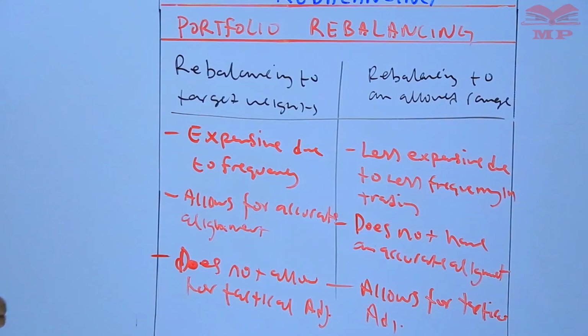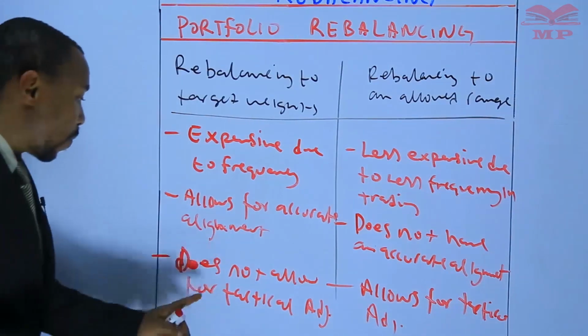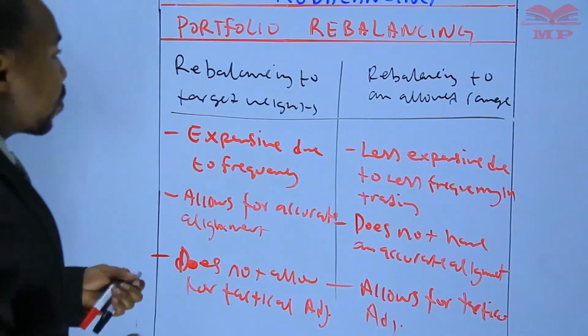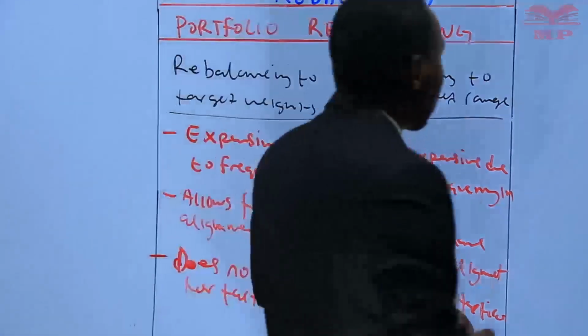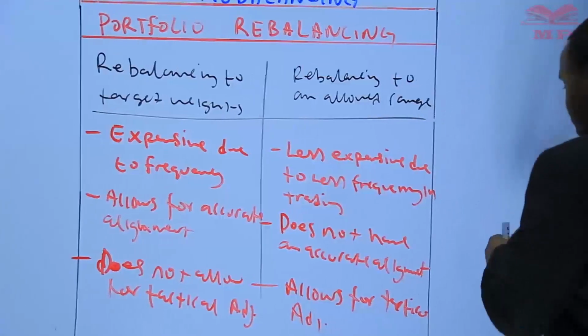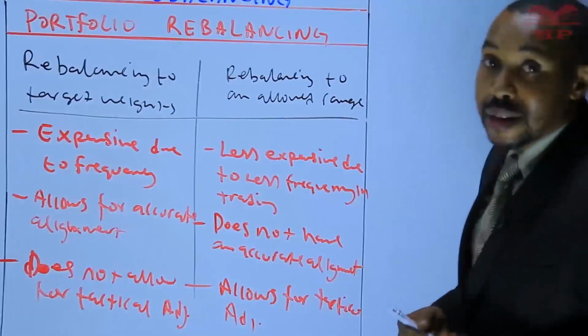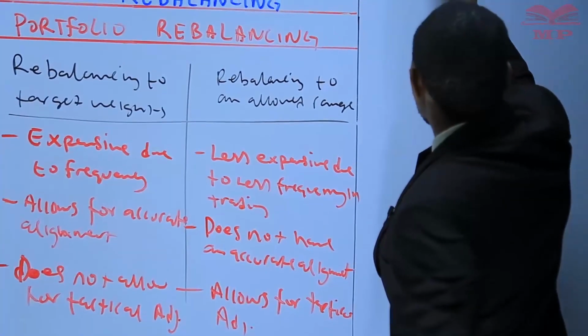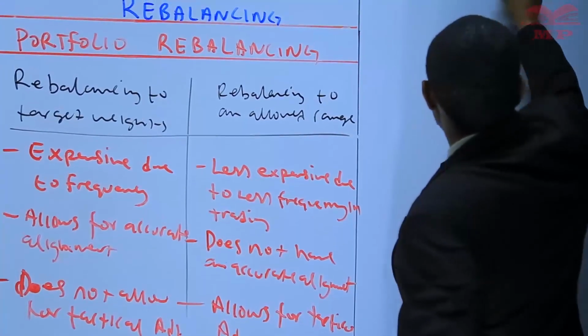It's much more flexible. And target weights do not allow for tactical adjustments. So we can move on and proceed to look at what we call rebalancing strategies.